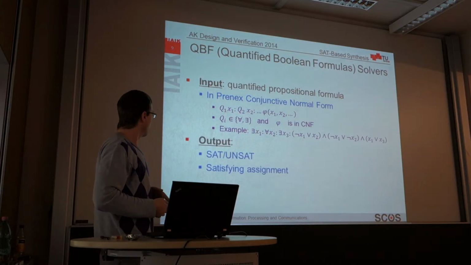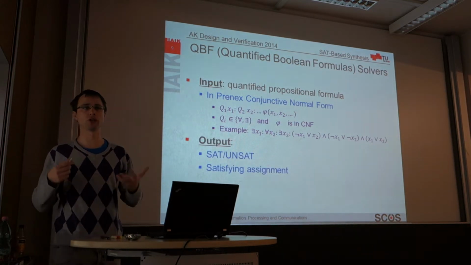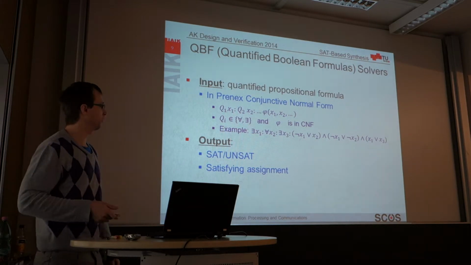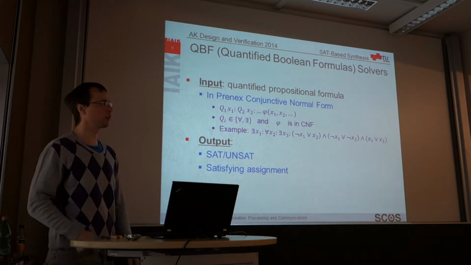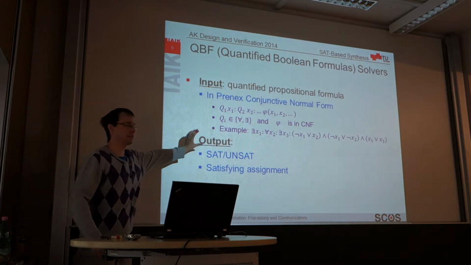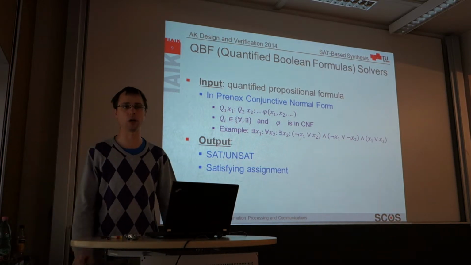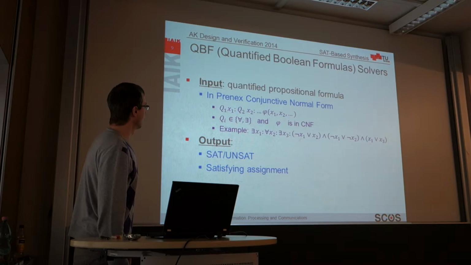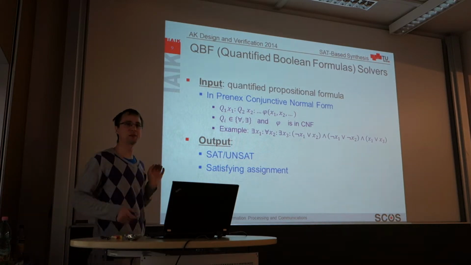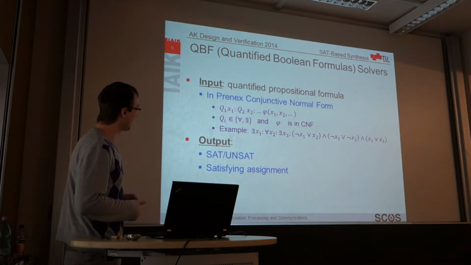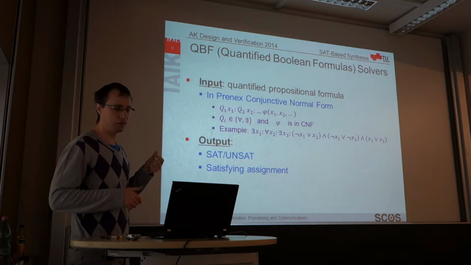In general, QBF solvers also give basically the same feedback as SAT solvers. They also give us a yes-no answer to the satisfiability question, and they can also produce satisfying assignments. But here satisfying assignments are a little bit different.